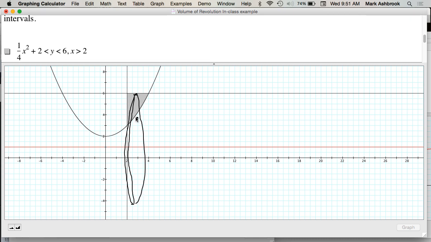Okay, and then what? It has a hole because of this right here. So these are what our cylinders are going to look like.